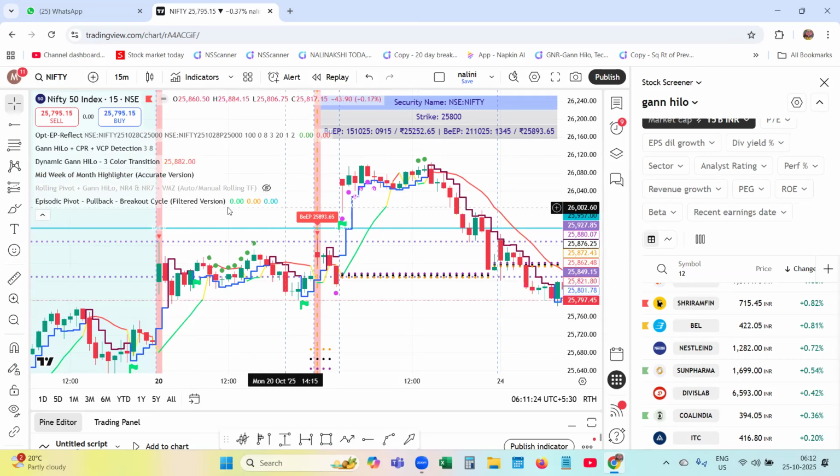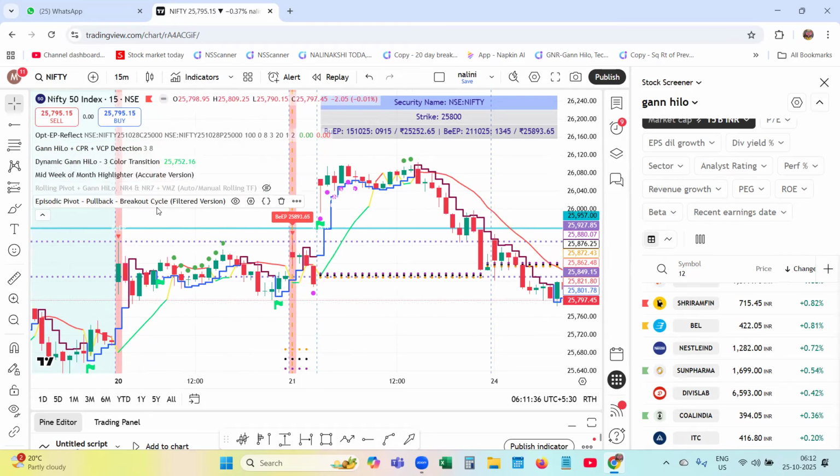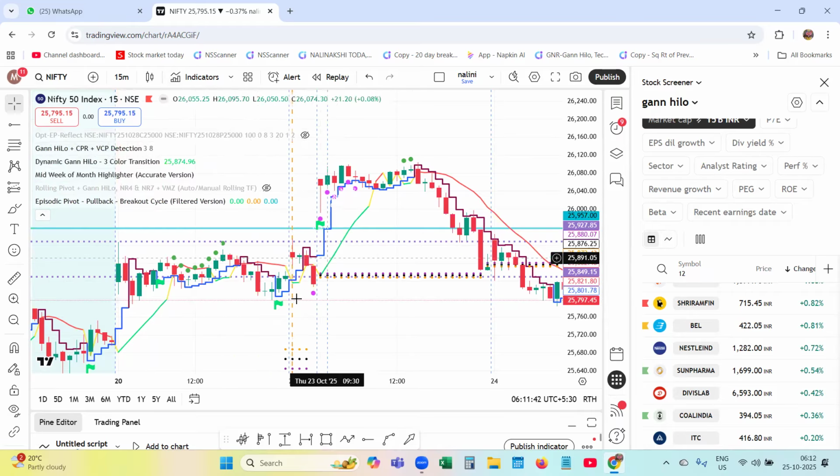Once we identify the bearish episodic pivot, we are going to take the trade. It will be reflected on the indices. Previously my indicator was not reflecting on the underlying, it was picking up only on the options.